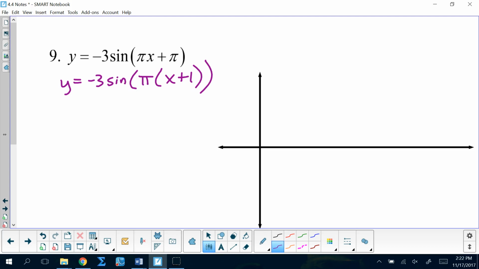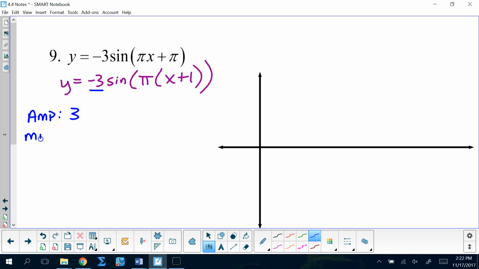Then I look at my key things. First key thing is I want to know my amplitude. Amplitude is this number right there, so that's going to be a 3.